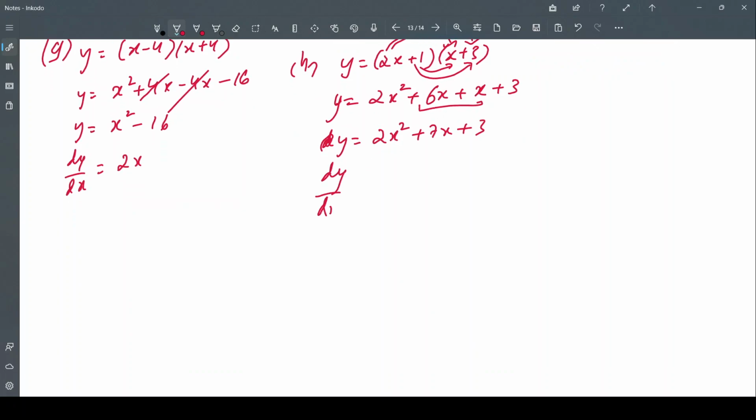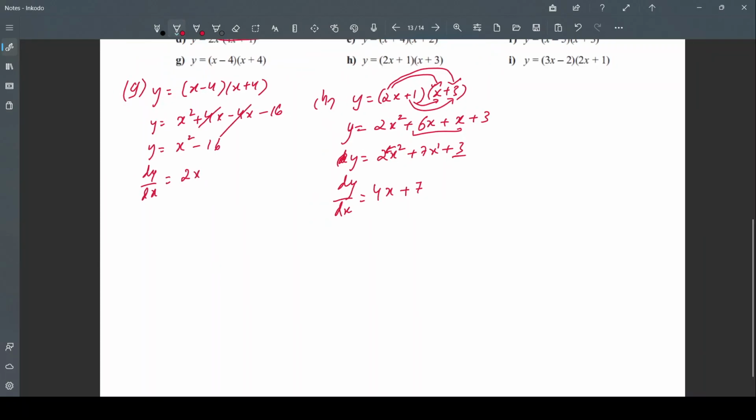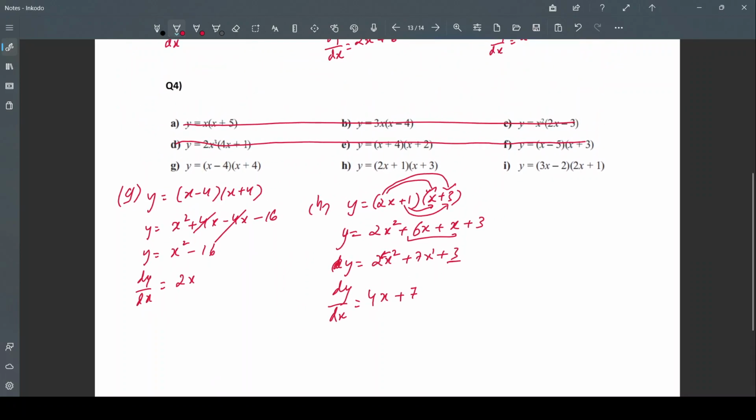If I differentiate with respect to x, the power 2 gets multiplied with 2, so 2 times 2 is 4, and the power is subtracted by 1, so 4x. Then for 7x, the power 1 is multiplied with 7, and 1 minus 1 is 0, so x to power 0 is 1 and 7 is left. The differentiation of the constant is 0, so we leave that.